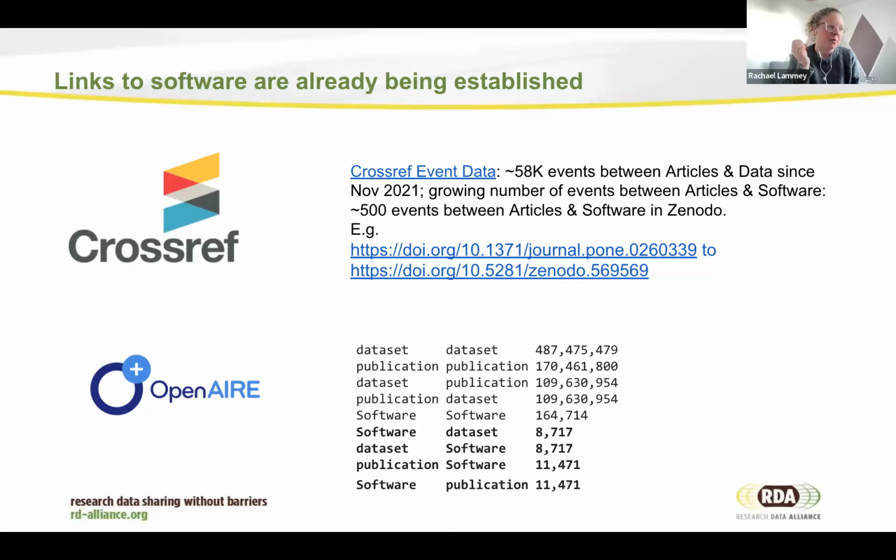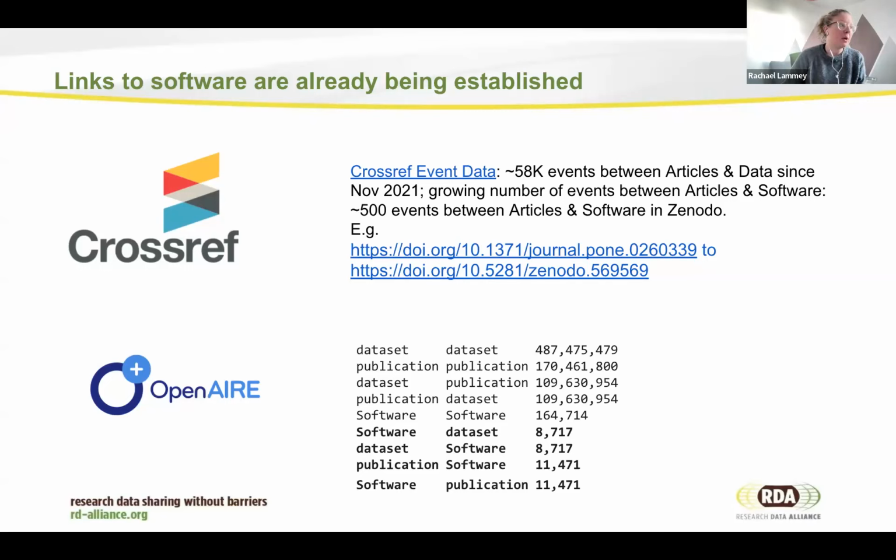But some of the information that we were starting to look at in our systems showed that folks were already using the kind of relationship model that Scholix already supports, and that organizations like Crossref, DataCite, and OpenAIRE already support to be able to establish those links. So we'd always said at Crossref that we can support links between different research objects using the relationship section of our schema.